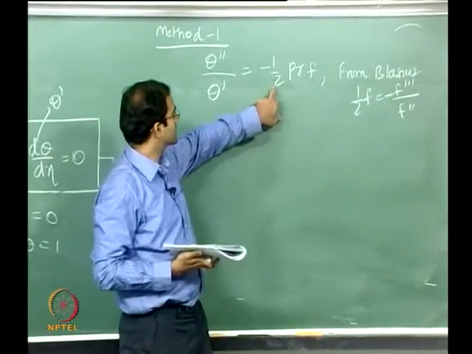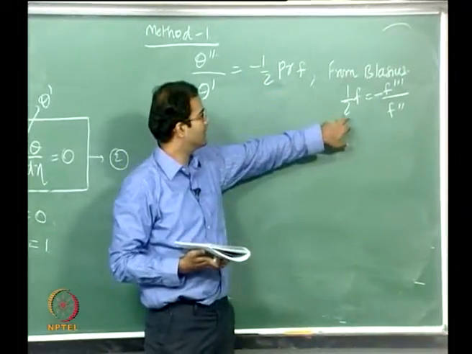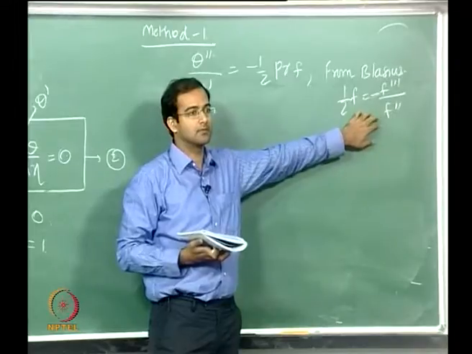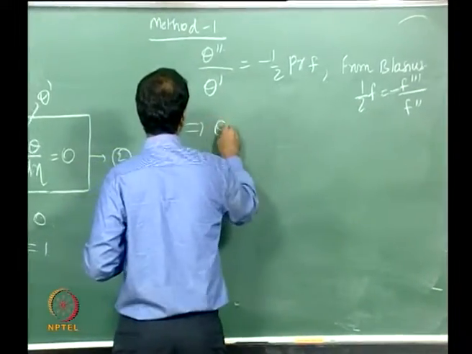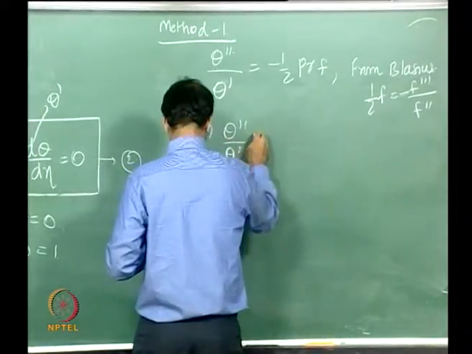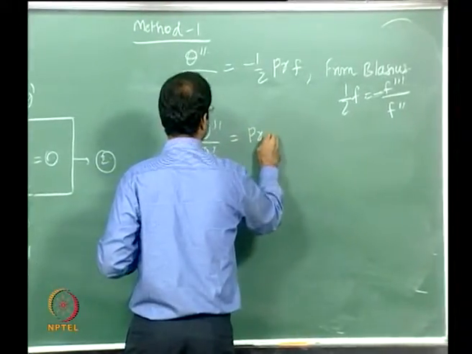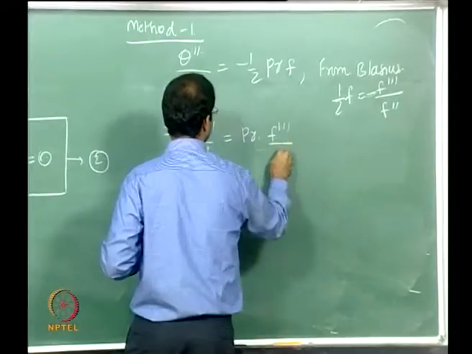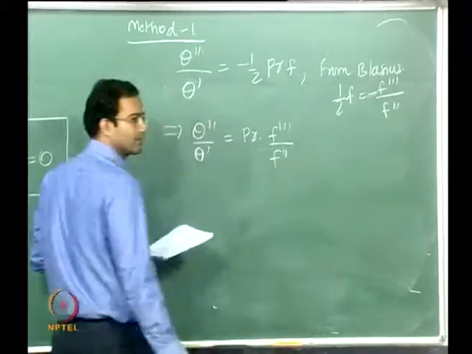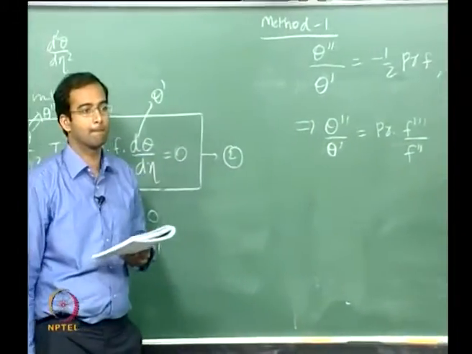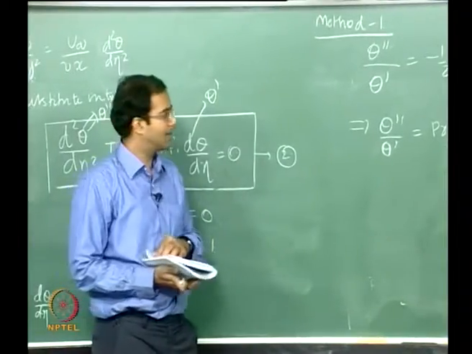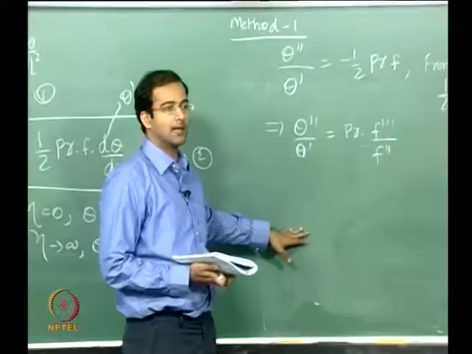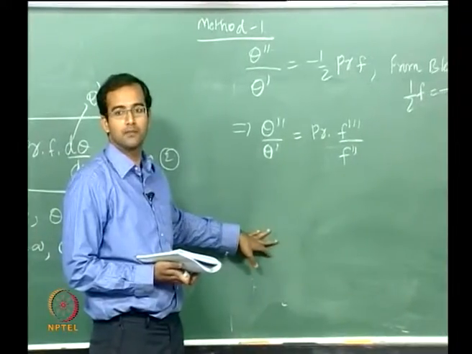Now you can see I can substitute for minus half into f in terms of f triple prime. So I can link these two equations. I can write this as Prandtl number times f triple prime by f double prime. So correct. So if I can now integrate it twice, I directly get the solution for theta.